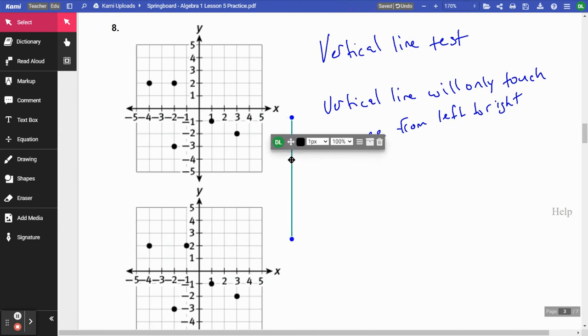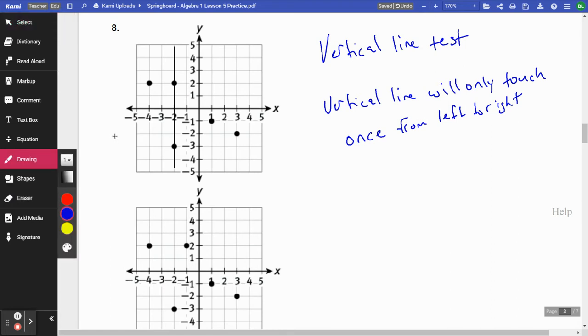So this vertical line, as I move it from left to right, should only touch the graph once. See here, that vertical line, see how it touches it twice? So that means this is not a function because the input -2 has two outputs, 2 and -3.